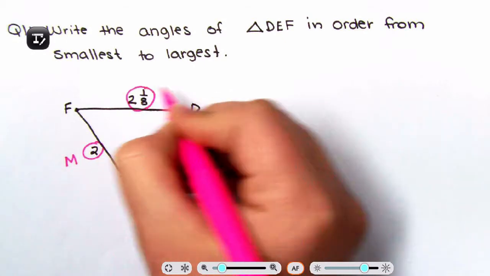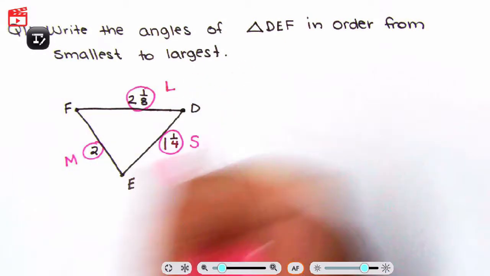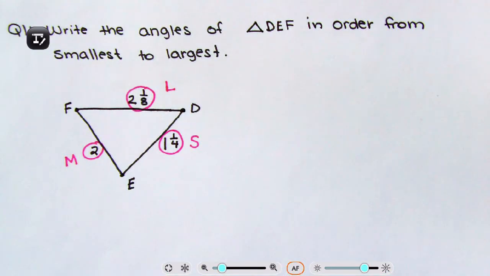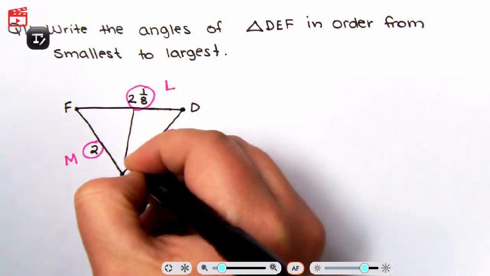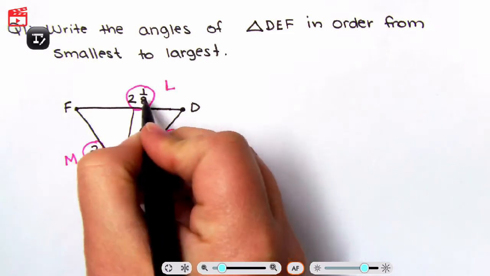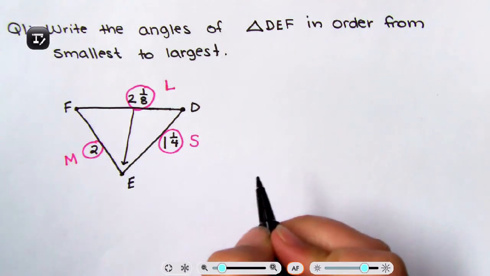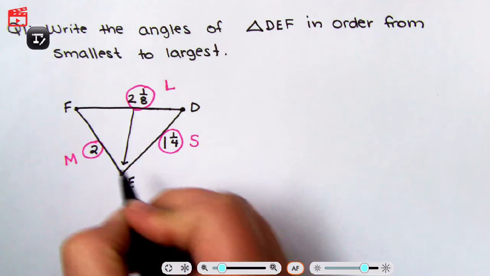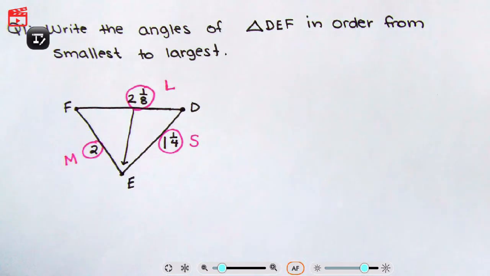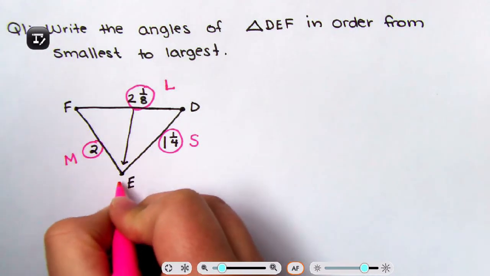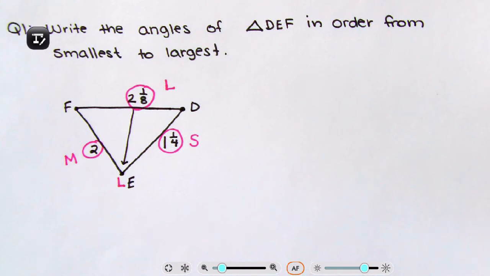That means 2 1/8 is the largest side. What I meant earlier is that it's easier to see the largest than to go across from the largest. So if 2 1/8 is the largest side, that means E is the largest angle.